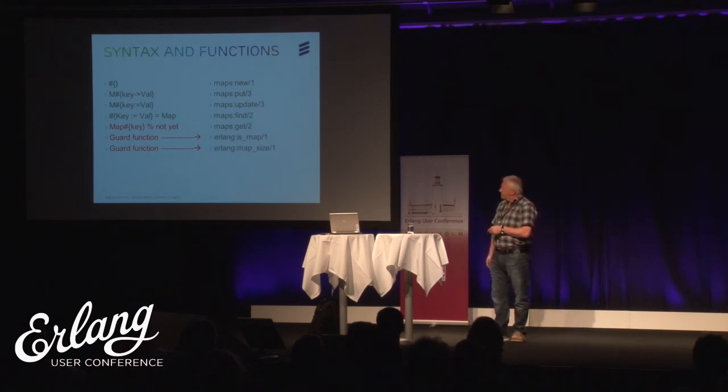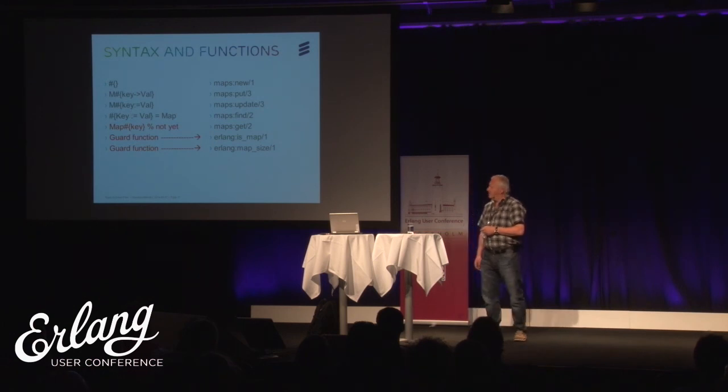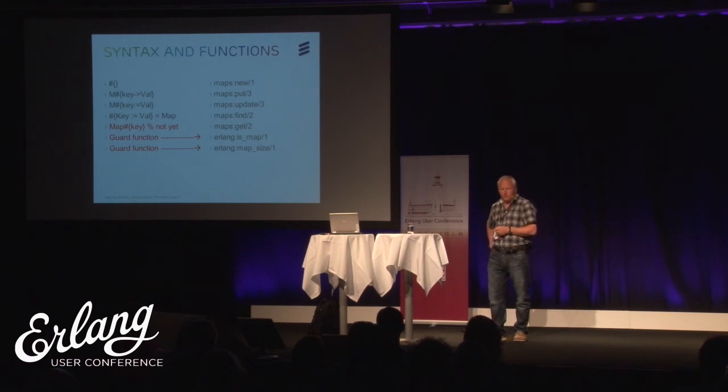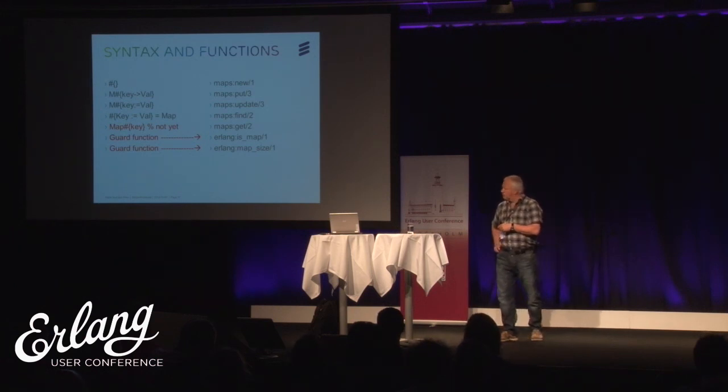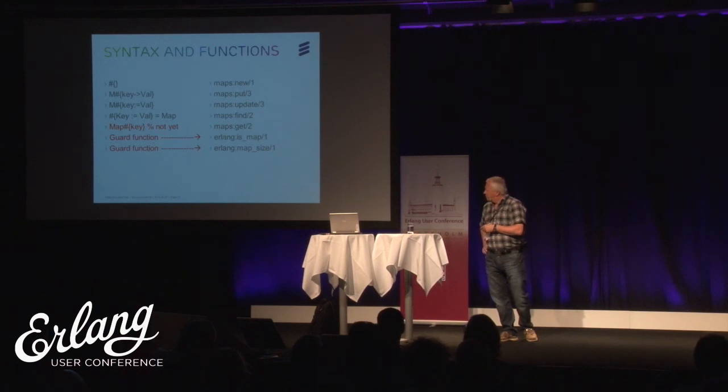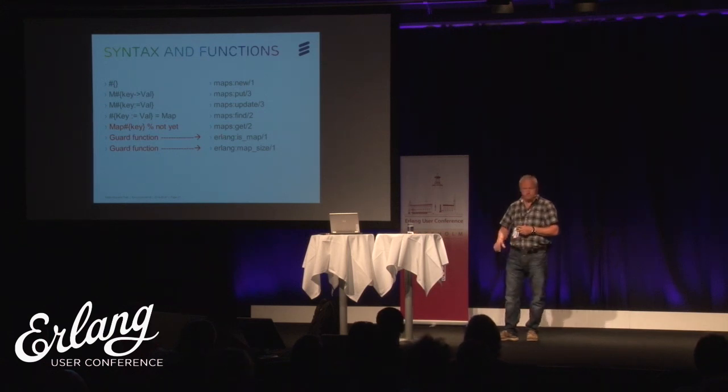Then we have the single value get, which is not implemented yet because we are not really sure how it should look like, or if we should have it at all. And we have the guard functions, is_map and map_size. And these you can of course use without the erlang module in front. They are so-called auto-imported functions.